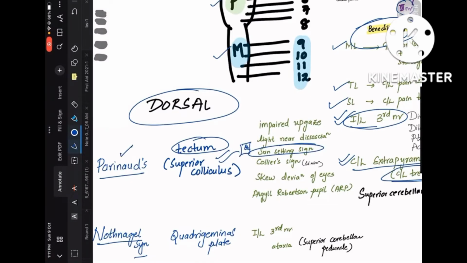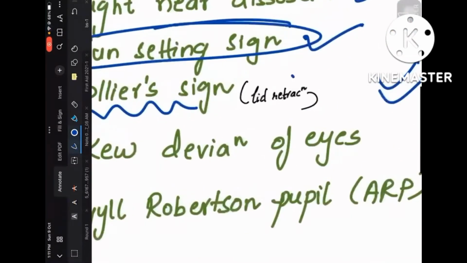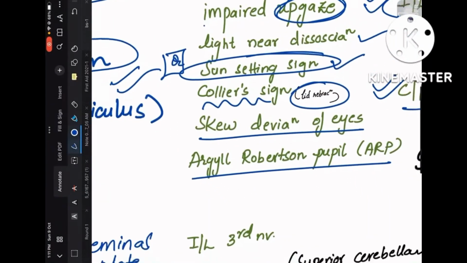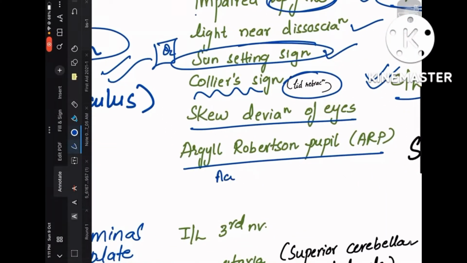So Parinaud syndrome has impaired upward gaze. This is an important clincher point: impaired upward gaze, light near dissociation, sunsetting sign, and Collier's sign, which is about lid retraction, and skew deviation of the eyes, Argyll-Robertson pupil. So Argyll-Robertson pupil means accommodation reflex present.